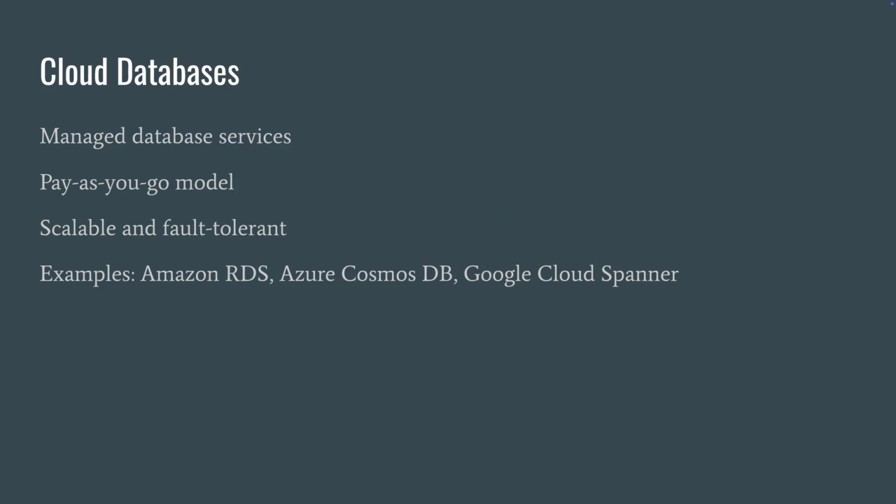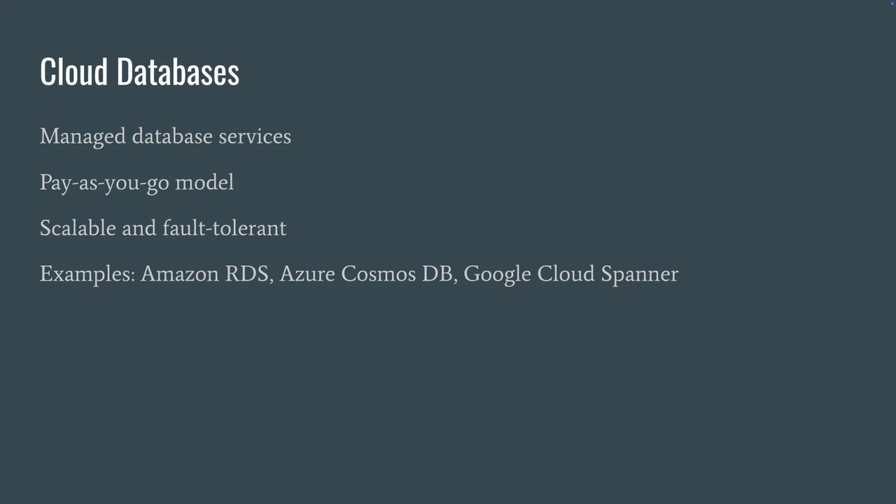Amazon RDS, which supports a lot of famous relational databases such as MySQL, PostgreSQL, Oracle, SQL Server, MariaDB, and Amazon's Aurora database. Azure Cosmos DB is also quite popular, and it's known for its globally distributed multimodal database.